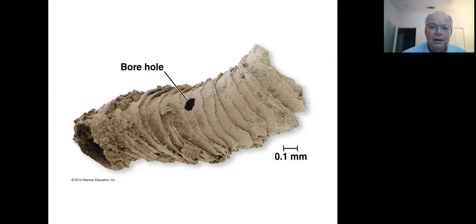Moon snails are very active predators on other mollusks, and they create these neat round boreholes through the shells of other mollusks that allow them to access the soft body of the mollusk inside the shell.